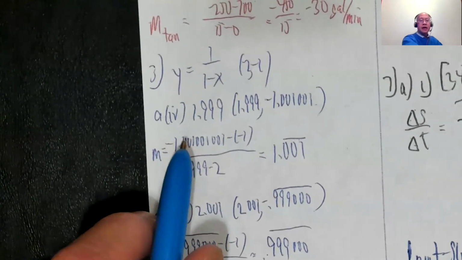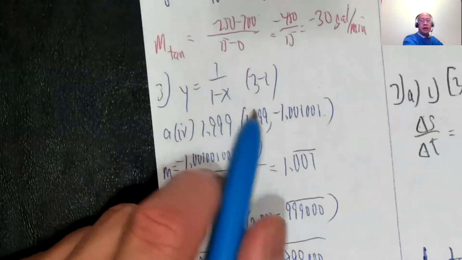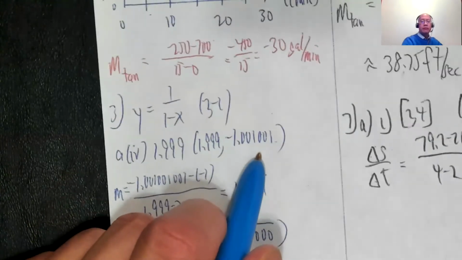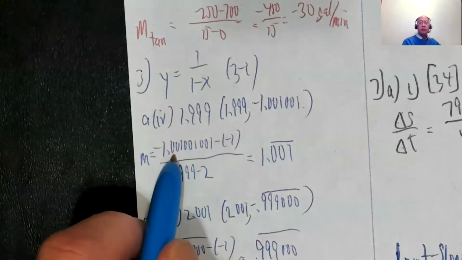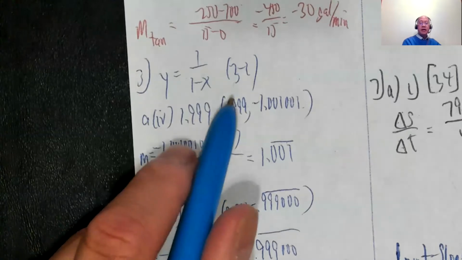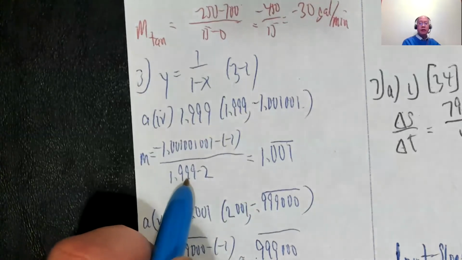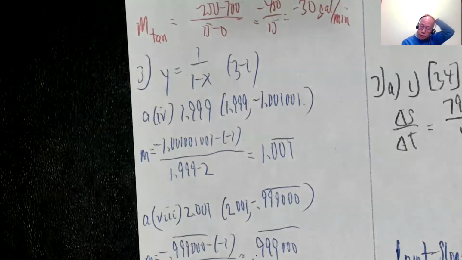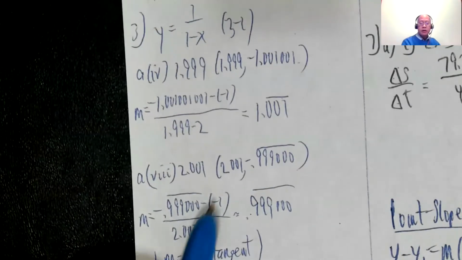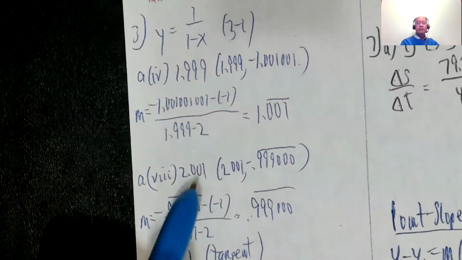So for 1.999, if you punch it in your calculator, you get negative 1.001001 repeating. So the slope is y2 minus y1, negative 1.001001 minus a negative 1, divided by 1.999 minus 2, which comes out to be 1.001 repeating. And I did the last one, 2.001.